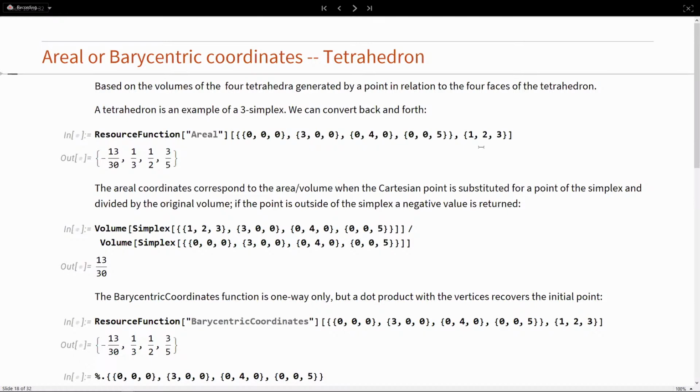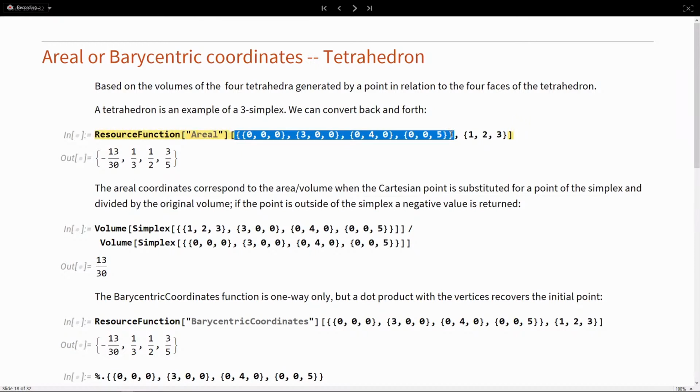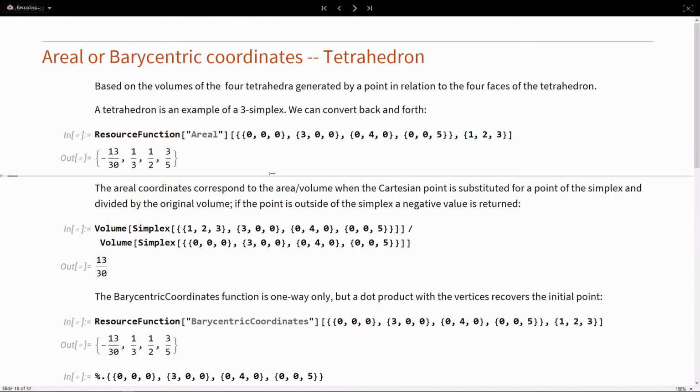In a tetrahedron, we can do the same thing. We have a given tetrahedron, we have a given point, and that point will generate 4 tetrahedra based on the 4 faces. And the relative volumes of the 4 tetrahedra are as follows.